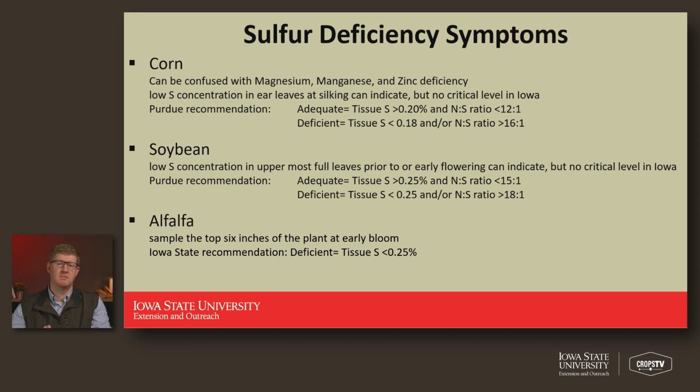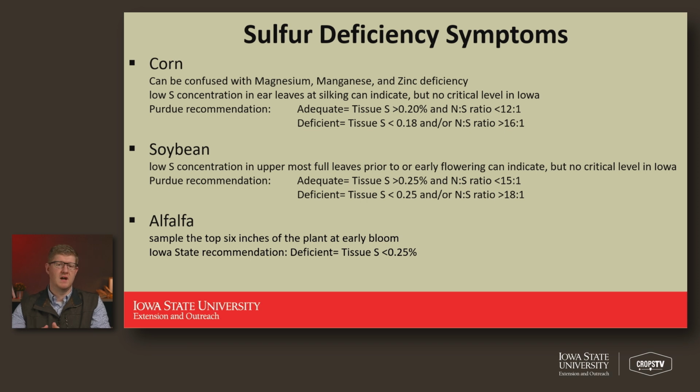Currently, the most recommended method is sampling ear leaves at silking. This can help indicate deficiency. You can see here on the screen the typical sufficiency levels associated with plant tissue S for corn.